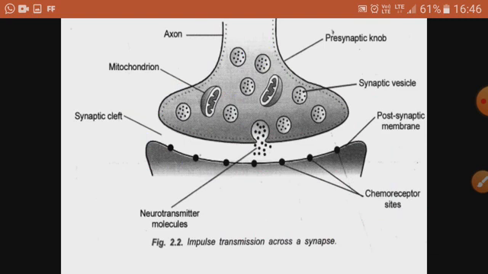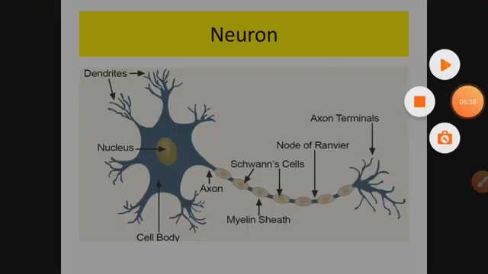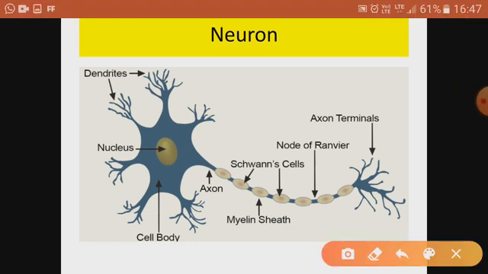Two reasons are there. First is the presence of this synapse, and second is the presence of the node of Ranvier. I am going to show you. So the nerve impulse or the message moves faster in the case of a neuron because of two reasons.